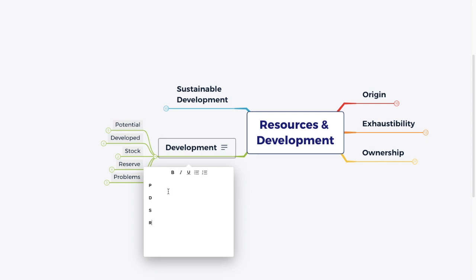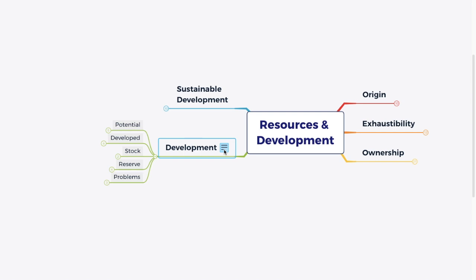This is called a mnemonic technique. I'll make a story of my own. PDSR. Let's say Peter was dancing on the street. Suddenly, it started raining. So if I have to remember what points come under development, I will remember PDSR.